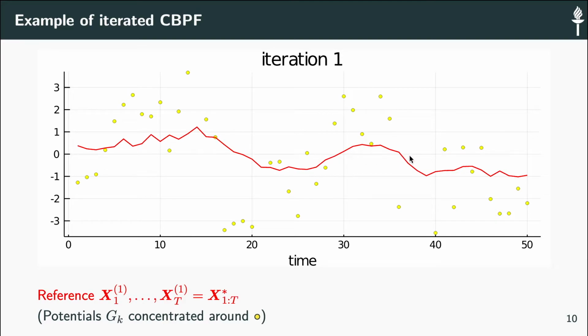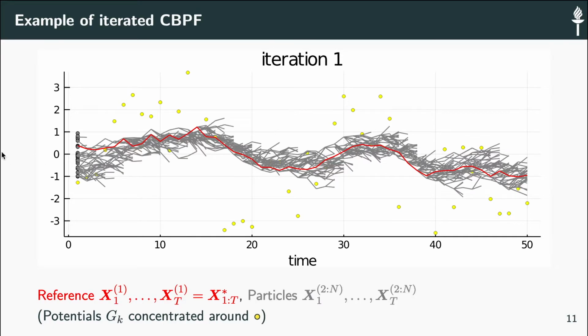We still have a reference where we start from. We still build the tree-like structure of the particles around the reference as before. The difference now is that instead of drawing one of the states here and following the gray lines up until the beginning, we don't follow the gray lines, but we sample each step backward.